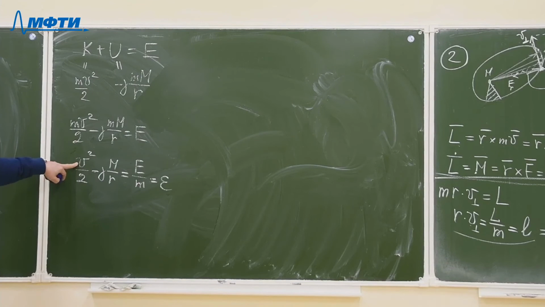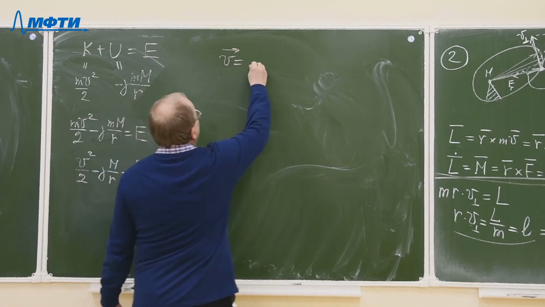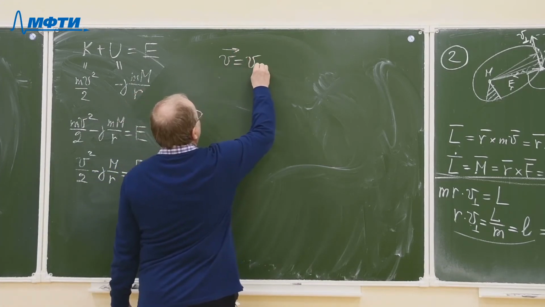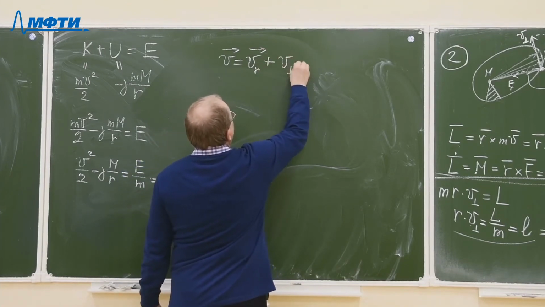Again, as in the previous example, we consider vector V as consisting of two components, the radial velocity plus the perpendicular velocity.